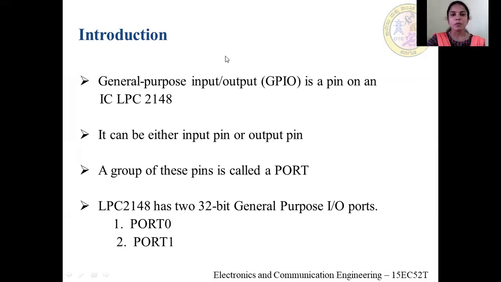Out of 64 pins, some of the pins are called general purpose input output pins because those pins are used for general operation, that is to read or to write data from the external peripherals or from the internal peripherals. So it can be either an input pin or an output pin. These GPIO pins are used both as input pins as well as output pins.